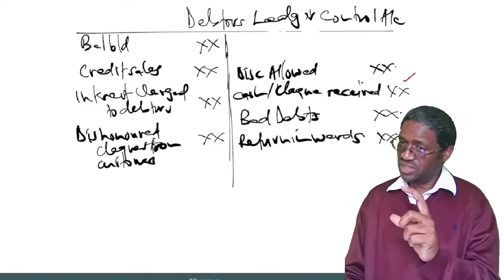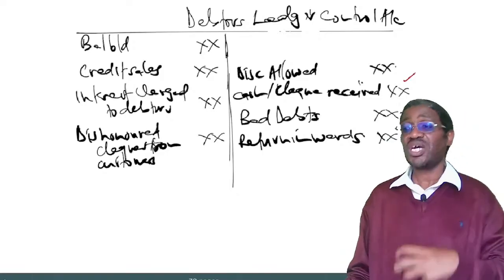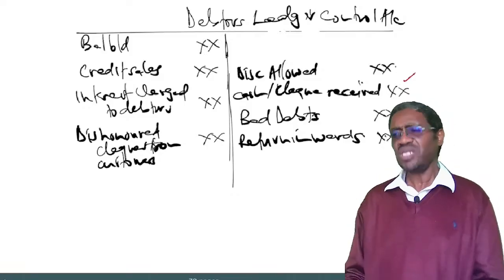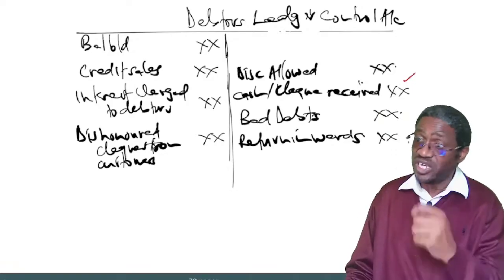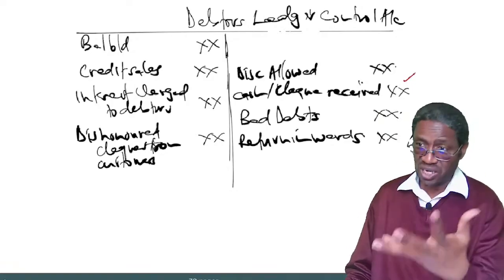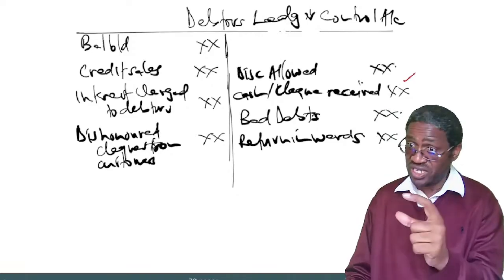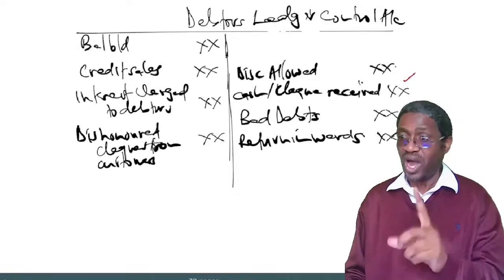I have told you that a bill of exchange is as good as cash because he has promised to pay you within 30 days. So when you receive the bill of exchange today for 10,000, 50,000, it is as good as if the customer has paid you. Why is it as good?